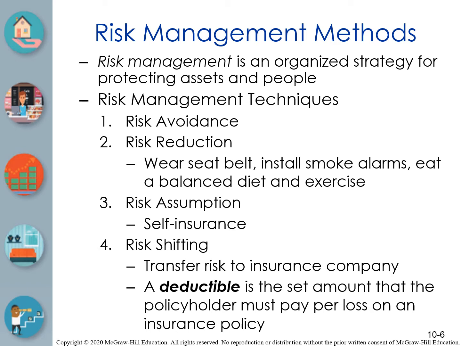Risk assumption, this is self-insurance. When we talk about self-insurance, it means that you're not going to go to an outside source for your insurance. You're going to do this yourself. Risk shifting is the transfer of risk to an insurance company. And a deductible is a set amount that the policyholder must pay per loss on that insurance policy.